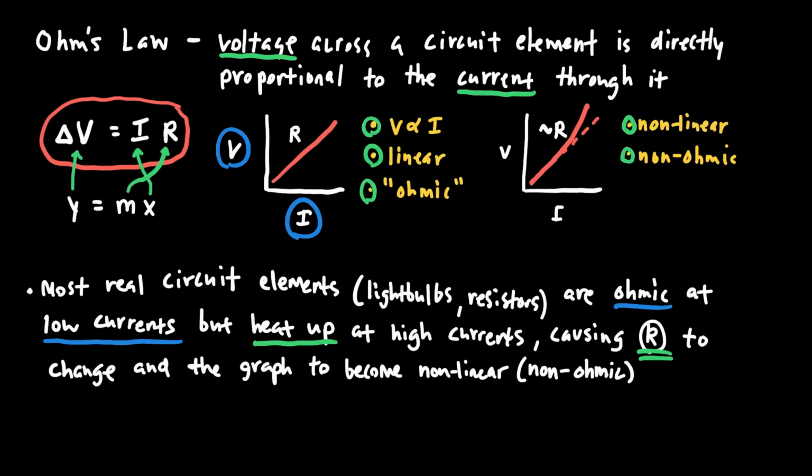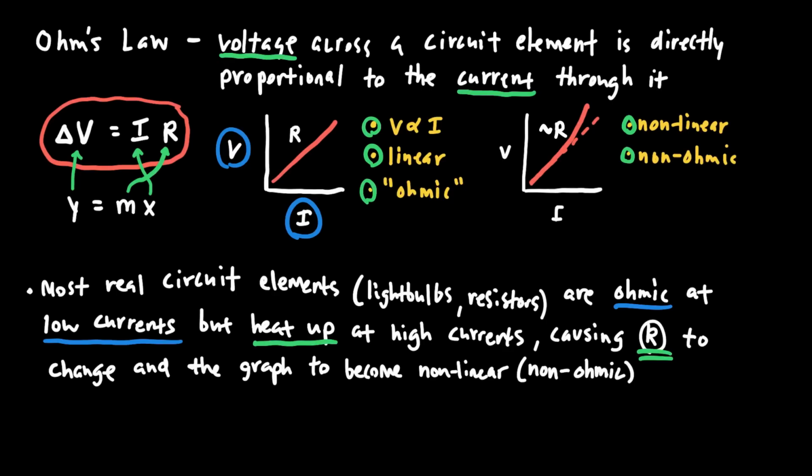So if I'm having these large currents, then the resistance of the material might be fluctuating. Therefore, if the resistance is fluctuating, then it's not constant and Ohm's law is not obeyed. So if light bulbs or resistors are getting really hot, then maybe Ohm's law is not obeyed and they become non-ohmic.